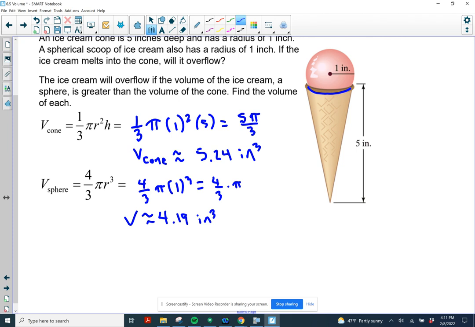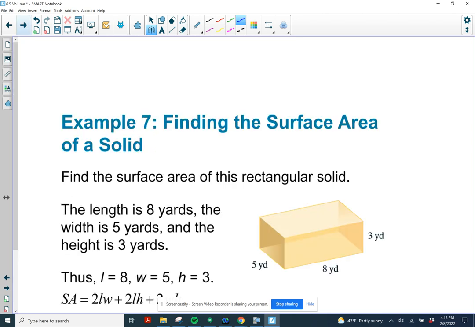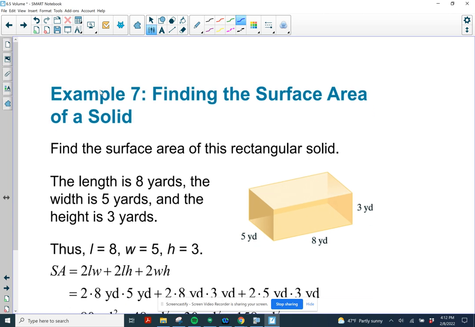Will it overflow? No, it will not overflow. So there's no overflow. If that ice cream melts and goes down into the cone, it will not overflow because there's enough space in the cone to hold that 4.19 inches cubed. So no overflow.